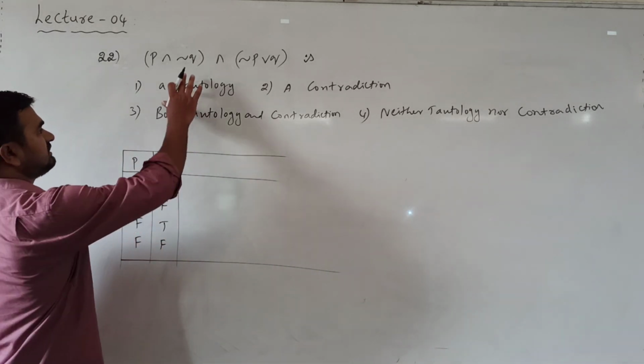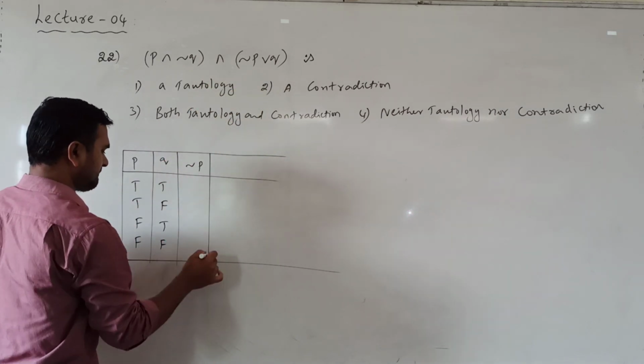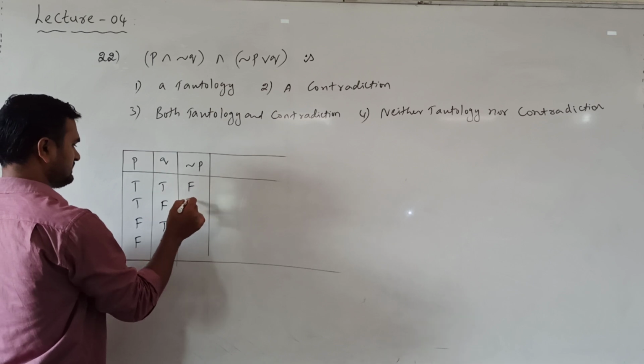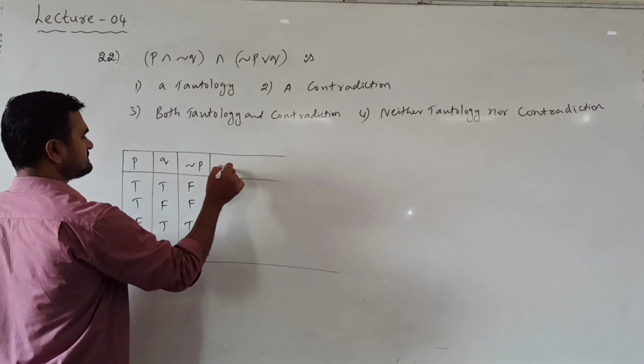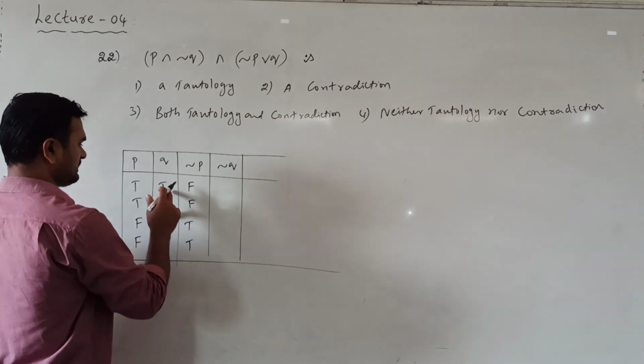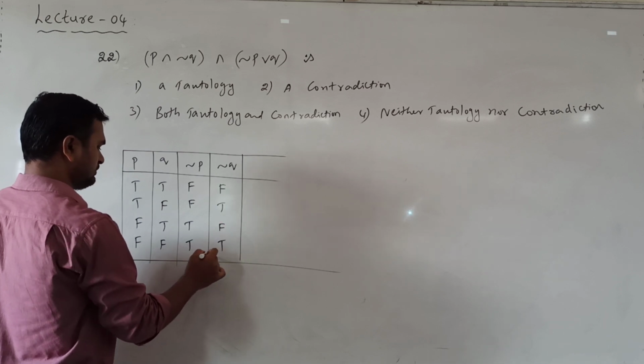Now we need negation Q and negation P also. Negation of P is false, false, true, true. Negation Q is false, true, false, true.